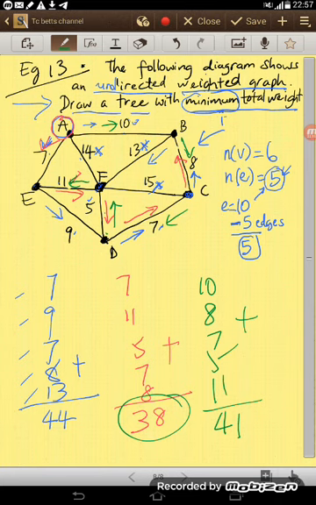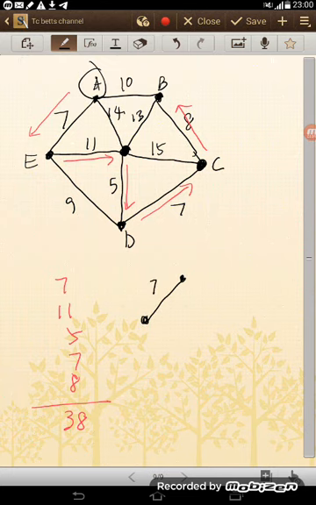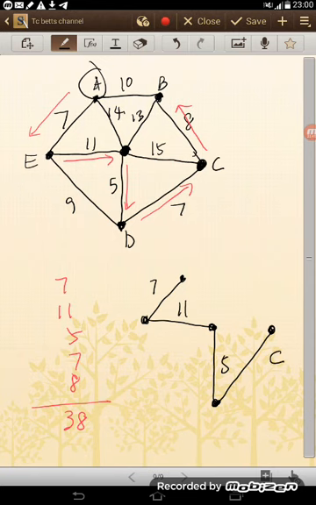So next we have to draw the tree. Okay, now let's draw. You just follow from A. So here 7, and then 11, 5, C, 7 here, and then 8.